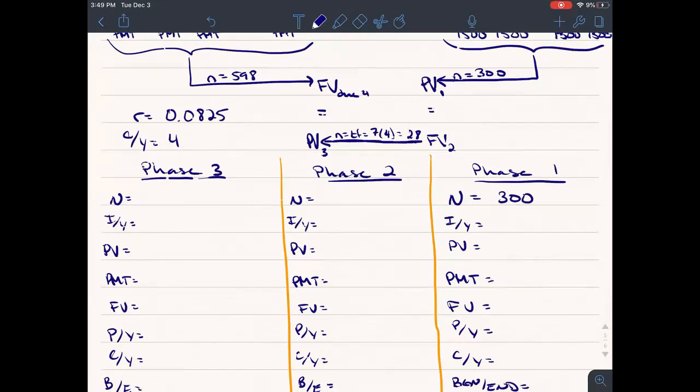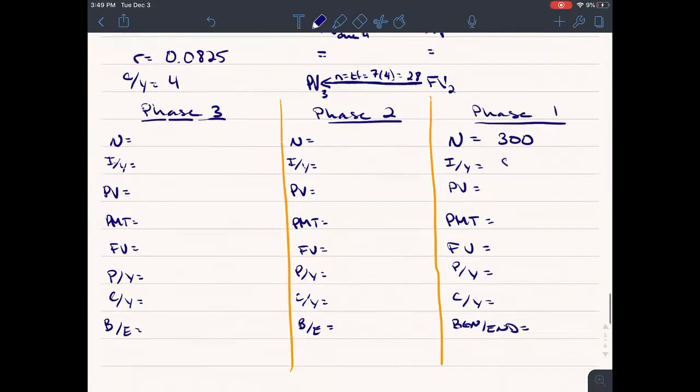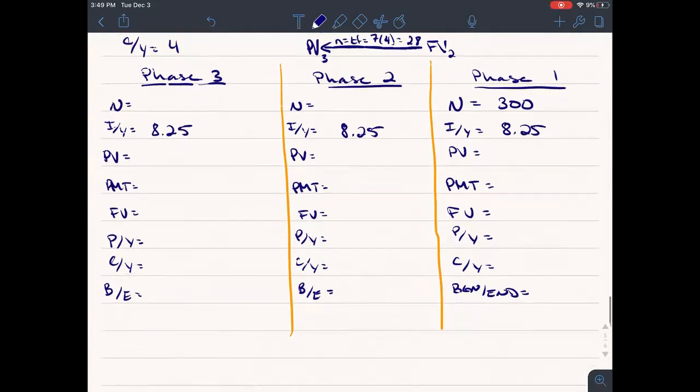Our interest per year is 8.25 for all of these, so I'm going to fill in 8.25, 8.25, and 8.25. We also know that the compoundings per year are 4 for all of these. That's just really nice that things aren't changing on us.